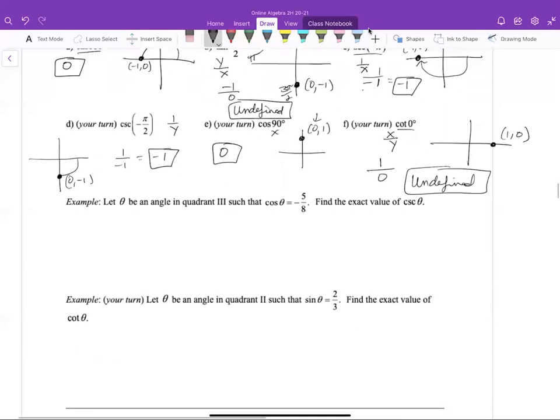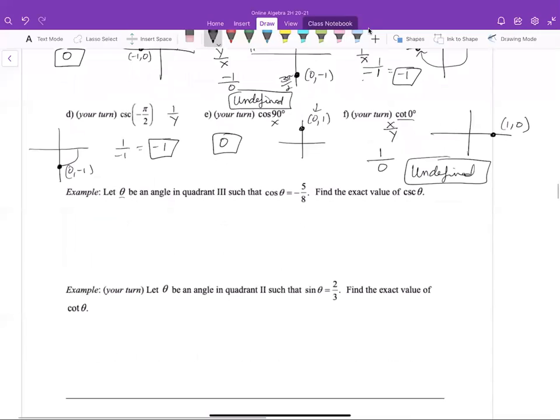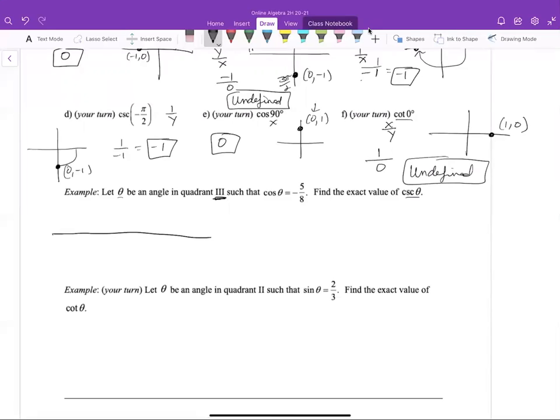Alrighty, let angle theta be in quadrant 3, such that cosine of that angle is -5/8. Find the exact value of cosecant. So we're not using our calculators. We have to use our knowledge of how to use reference angles and triangles to get that exact value of cosecant theta.